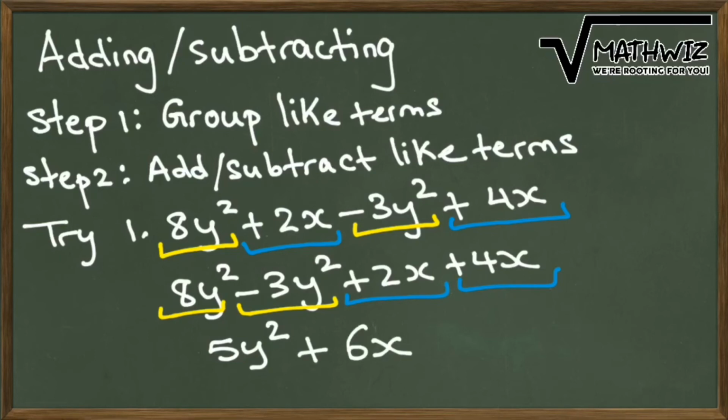Again, if there are any challenges with adding and subtracting the like terms because of the numbers, you may want to revisit our video in our catalog on how to add and subtract numbers, a mixture of positive and negative. All right, I'm going to go through the second question.